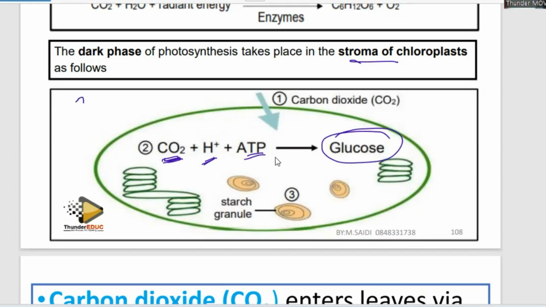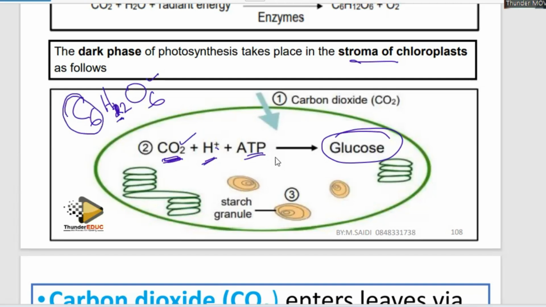Don't forget that the formula of glucose is C6H12O6. We have the oxygen from the carbon dioxide, we have the hydrogen from the light phase, and then what about the carbon?